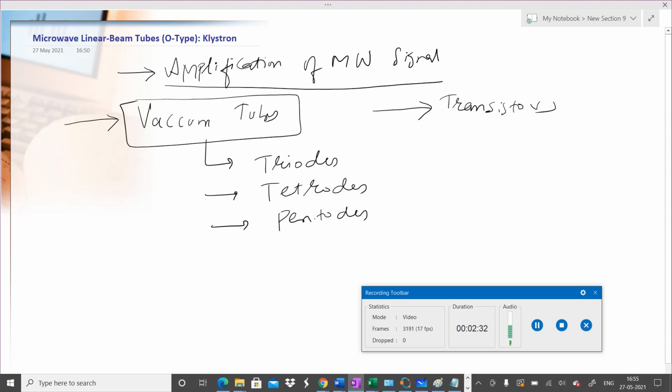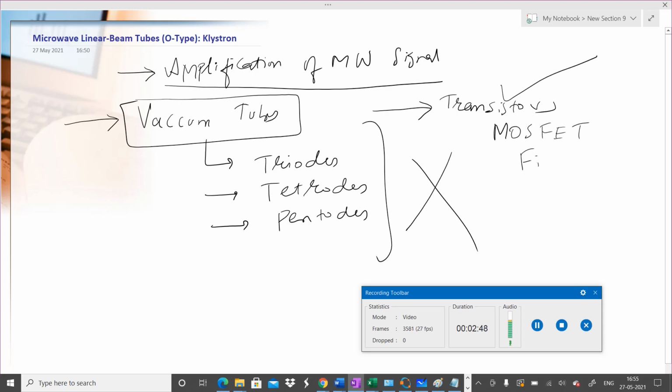One reason is, see, at low frequency, triodes, tetrodes, all the vacuum tube devices are completely obsolete. They have been replaced by transistors and its variants. So you have now MOSFET, you have FinFET, and you have even Schottky effect based devices available, and now very recently high electron mobility transistors.